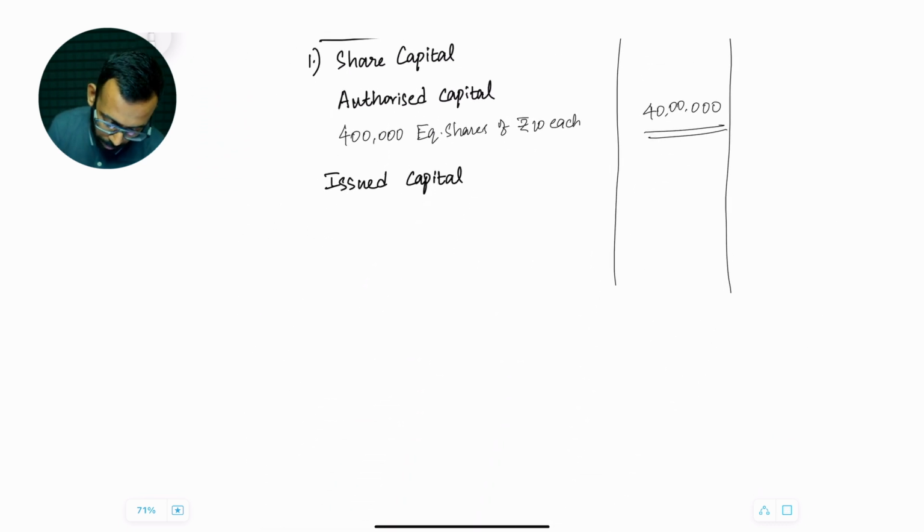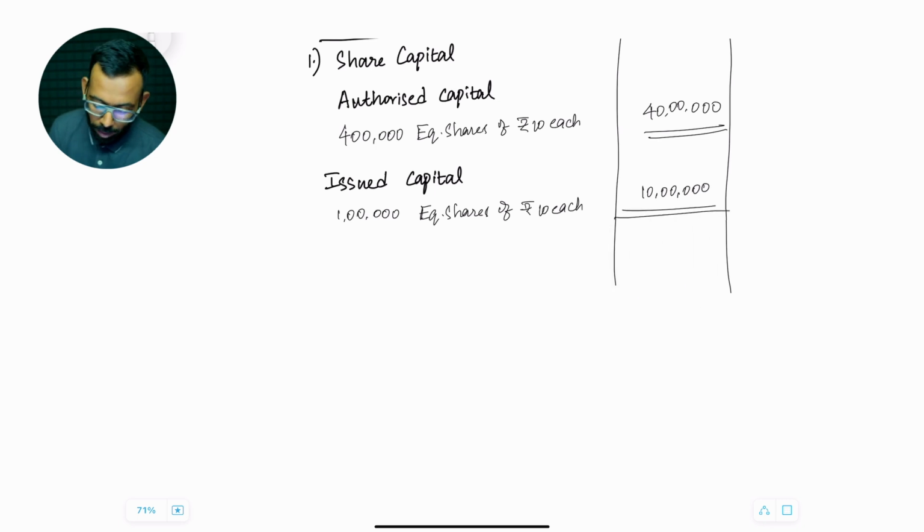Therefore, under issued capital, we will write 1 lakh equity shares of rupees 10 each. Therefore, issued capital will be 10 lakhs. Again, double underline it. Moving on.